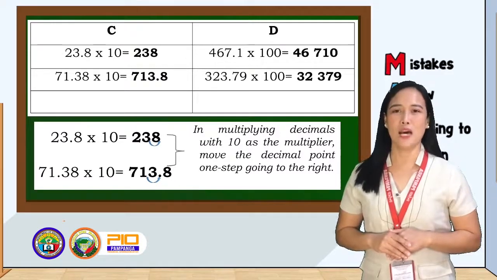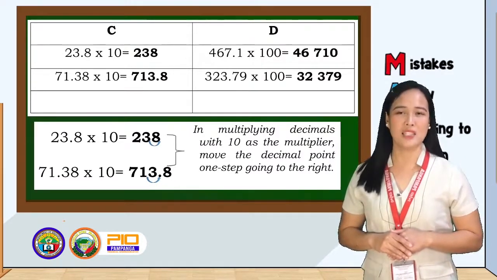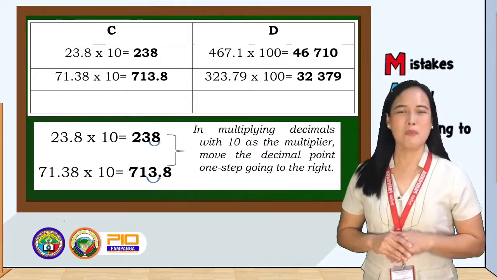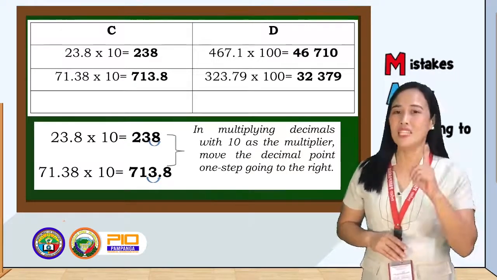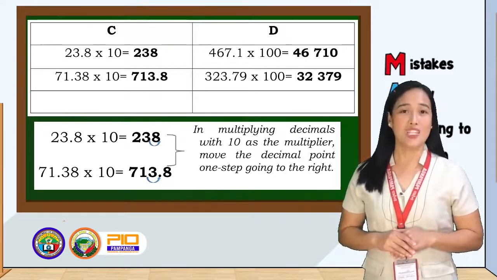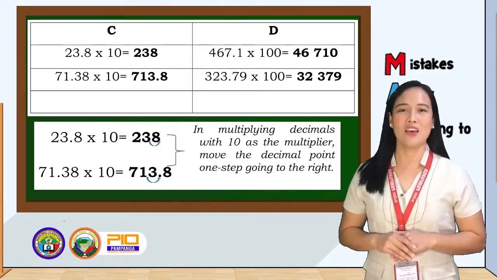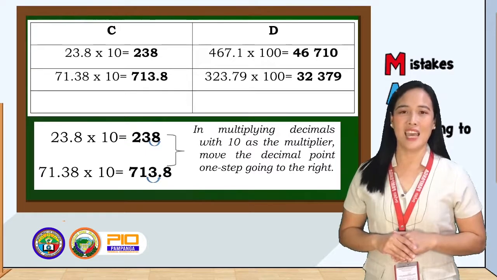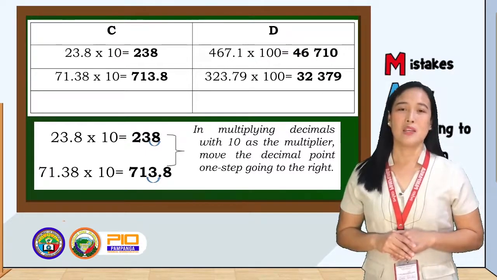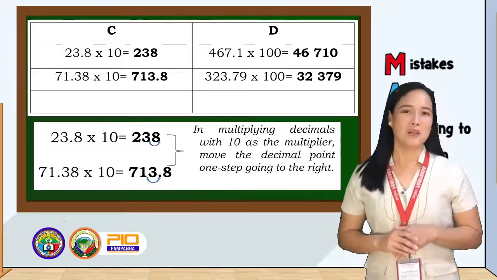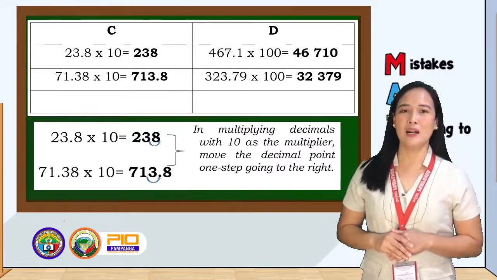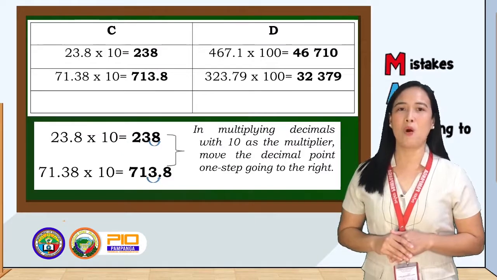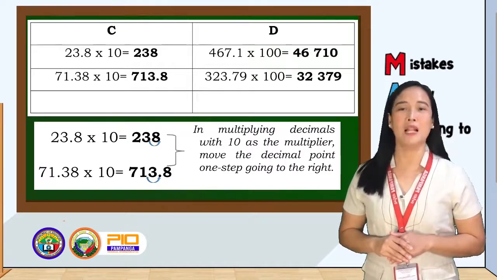In 71 and 38/100 times 10, we simply move the decimal point going to the right one step only. And so the product is 713 and 8/10. So it means in multiplying decimals with 10 as the multiplier, move one step going to the right of the decimal point.